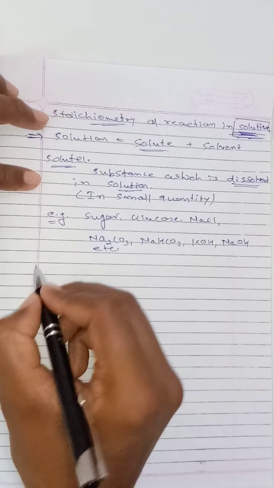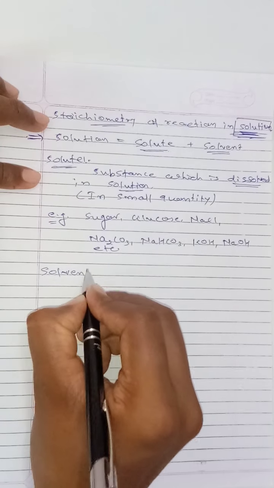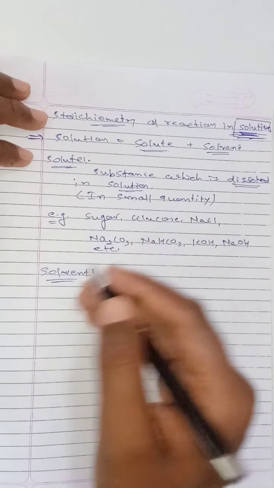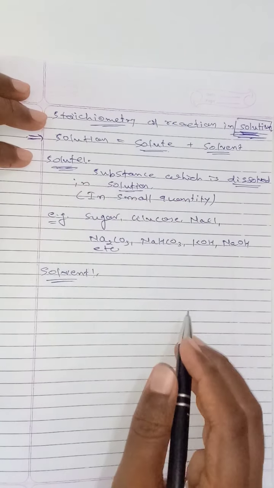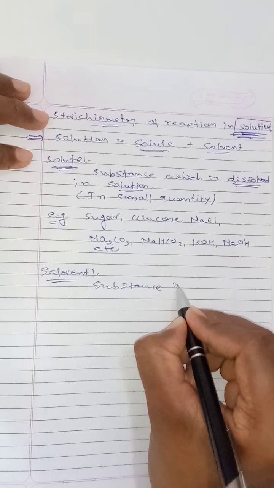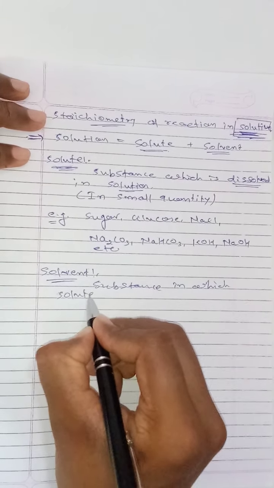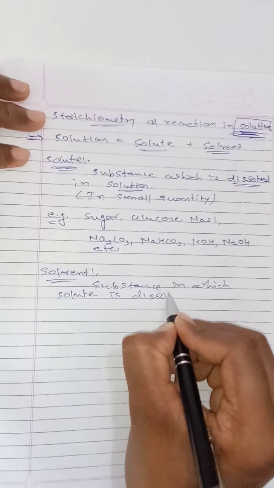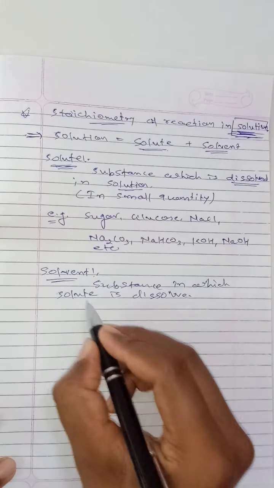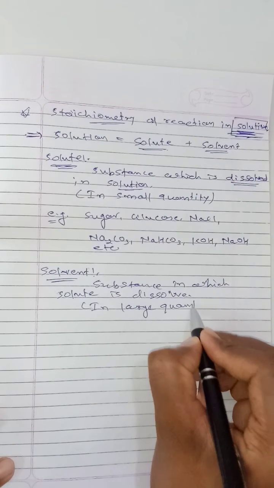Let's see the other one, that is solvent. Solvent is the substance in which solute is dissolved. It is always in large quantity.